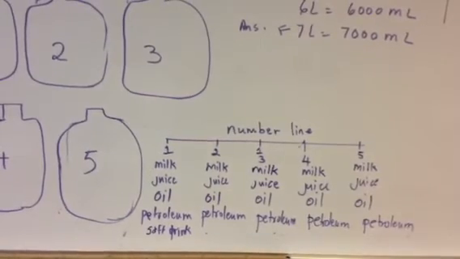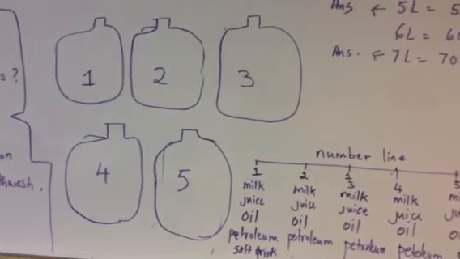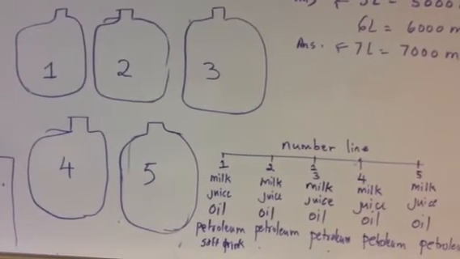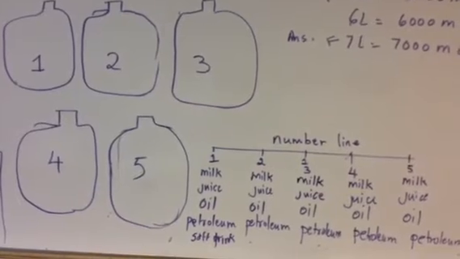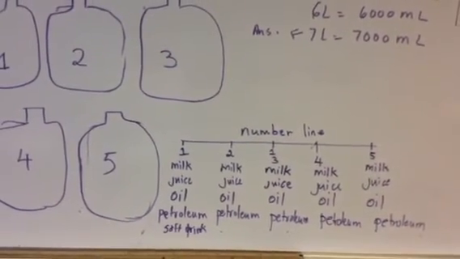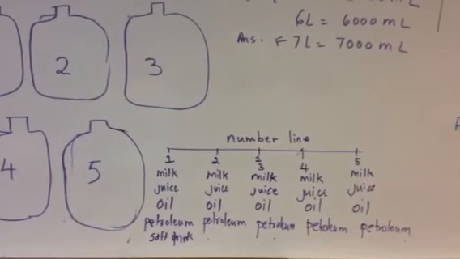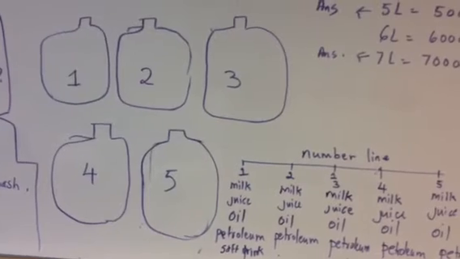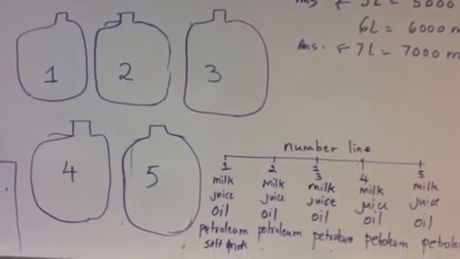Going on to number 2, the same thing. You can have 2 gallons of milk, and you can buy 2 gallons of juice. If you go to Costco, you might. Oil, yeah, we fill up more than 2 gallons of gas in our car. Petroleum is the gas. Okay, number 3, you can have 3 gallons of milk. You don't want to go to the grocery store all the time, maybe.